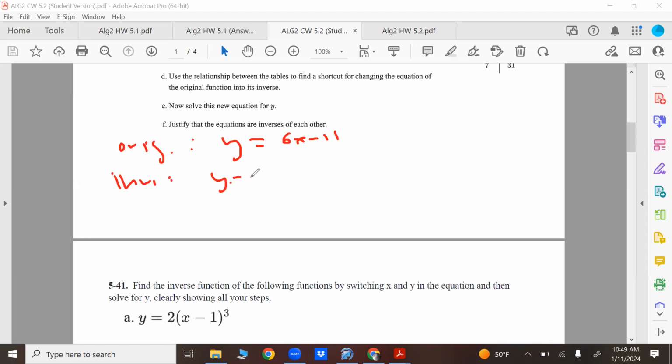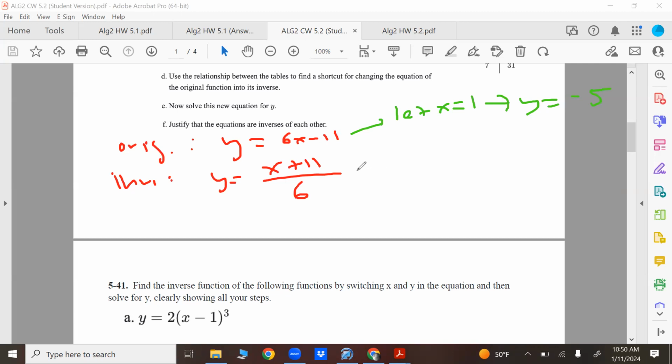The inverse was y equals x plus 11 over 6, right? So what I would do is make up a number. What if you let x equal 1? What does y equal for the original? If you let x equal 1, what does y equal, guys?